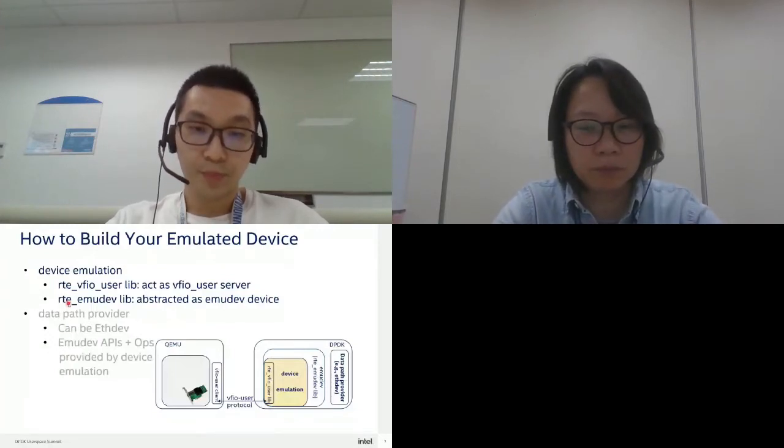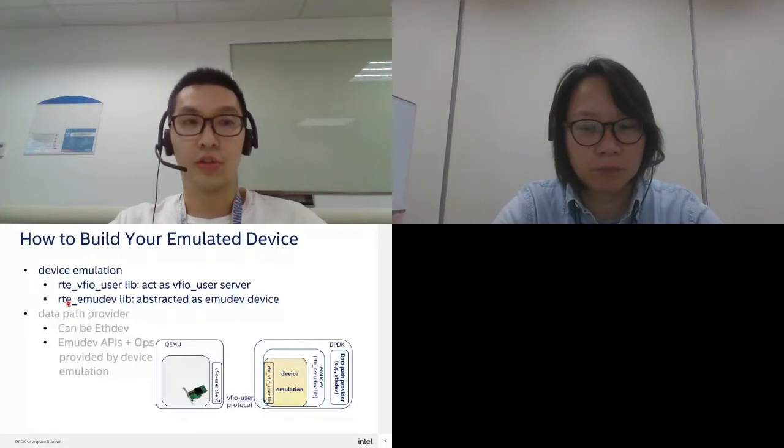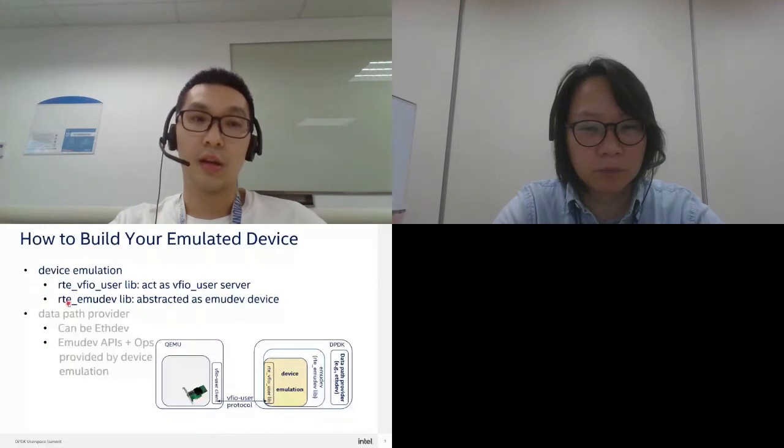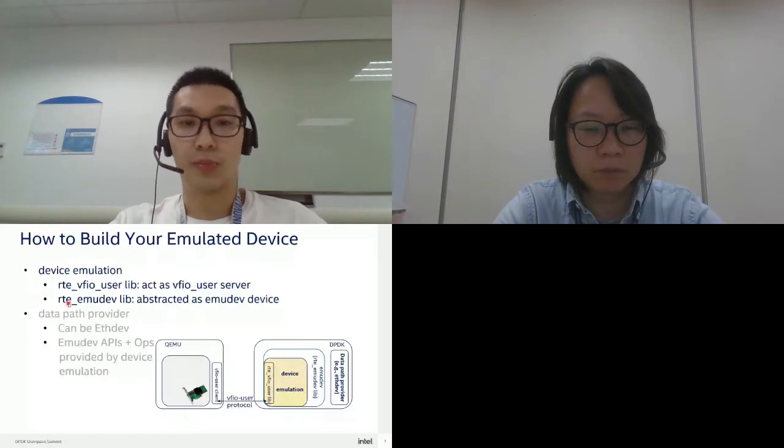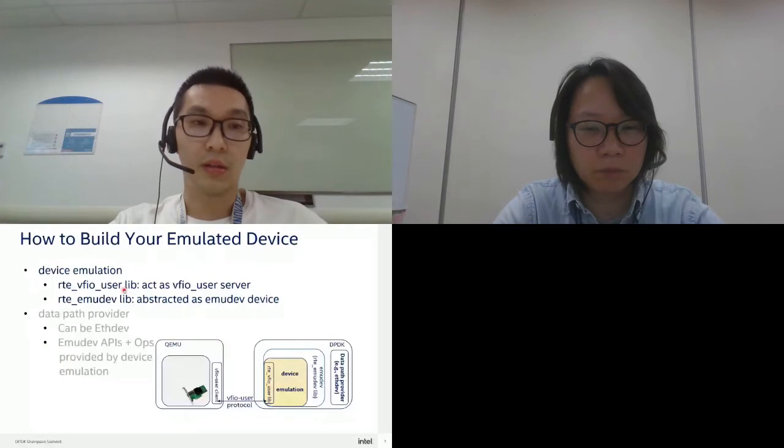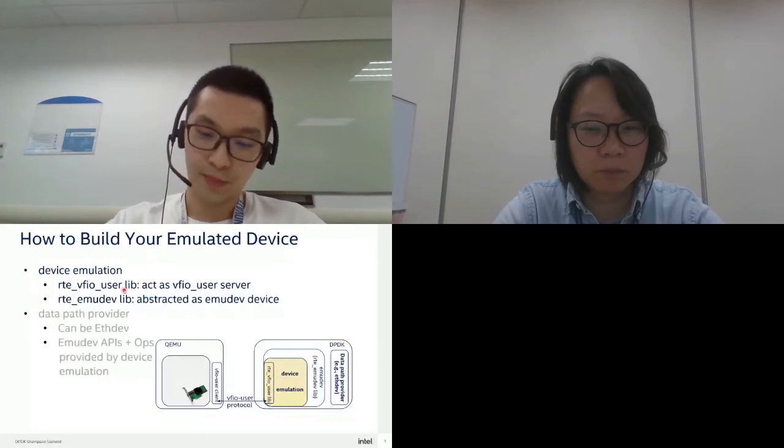First, I will introduce the first component, the device emulation, and it will consist of two parts. First, what this VFIO-user protocol looks like, and the second part, how to make your device emulation fit into the emudev framework.